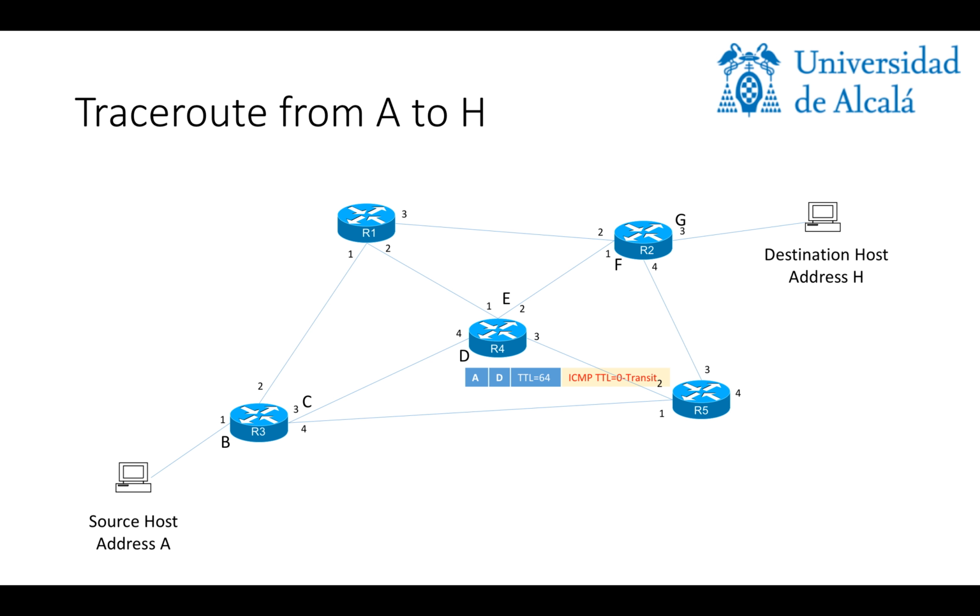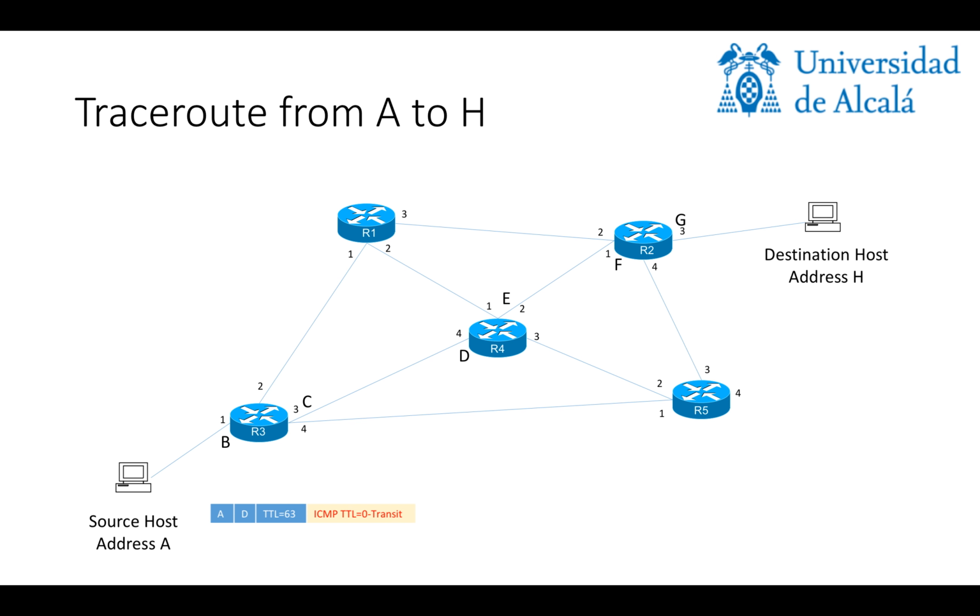And in consequence, R4 is going to send an ICMP TTL expired packet back to A with source address B, because B is the source address of router R4. So there it goes. Note that the ICMP packet also gets a TTL value, which is decremented in the transit, but this TTL value is high enough so that it can reach the destination without a problem.